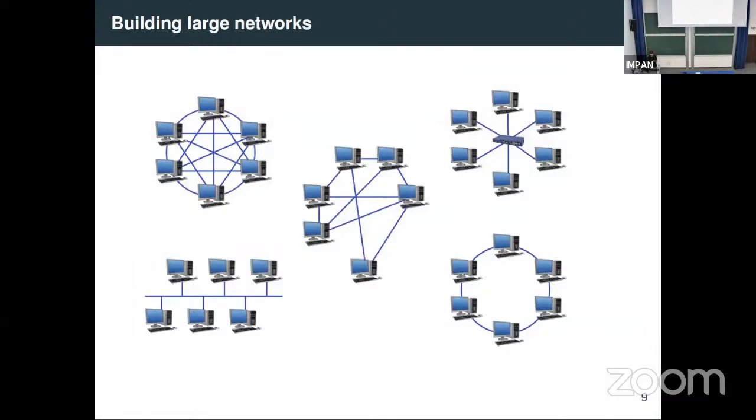Okay, so why are these graphs useful? First of all, the obvious thing is that they are useful for designing any kind of robust network, whether it's a computer network or some logistic plan or whatever kind of network you need.